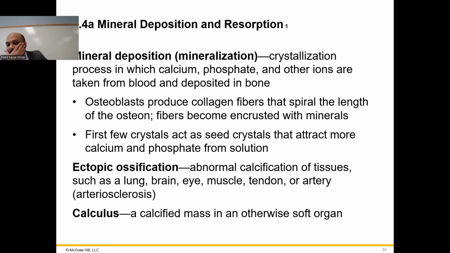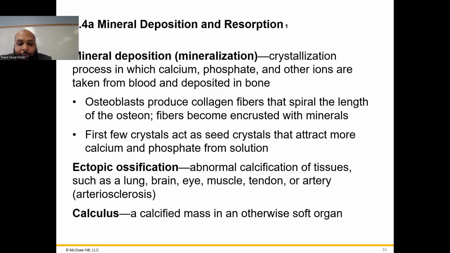So osteoblasts produce collagen fibers that spiral the length of the osteon, and the fibers become encrusted with minerals, and the first few crystals act as seed crystals that attract more calcium and phosphate from the solution.